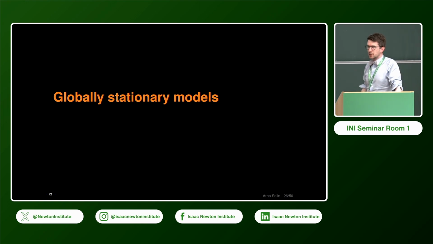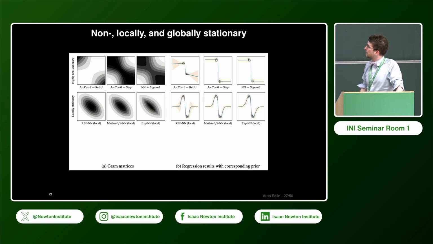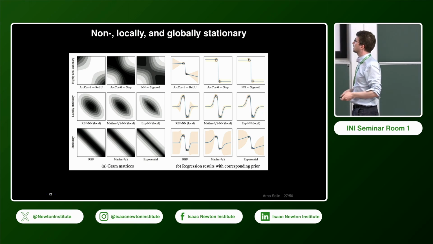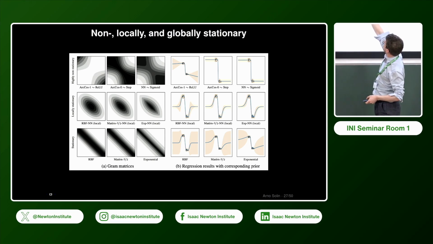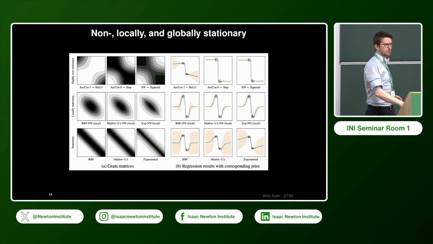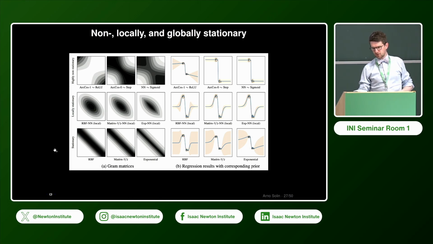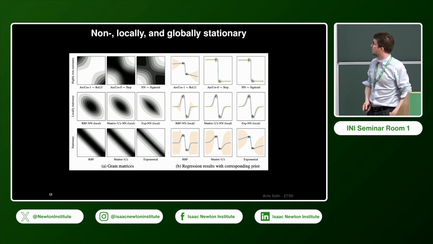That was locally stationary functions, which assumed an input density. And the follow-up work that we had also considered globally stationary activation functions. So you can see that the effect of the input density makes things die out when you move outside the envelope. For globally stationary activation functions, that would not be the case.